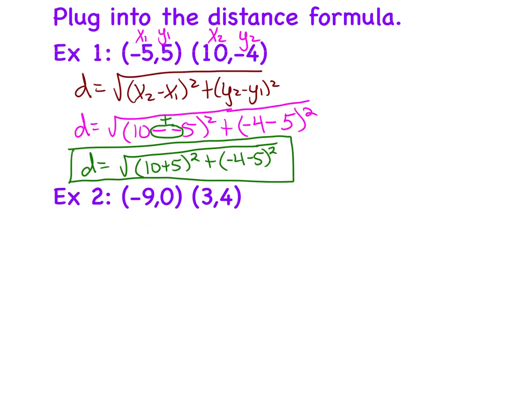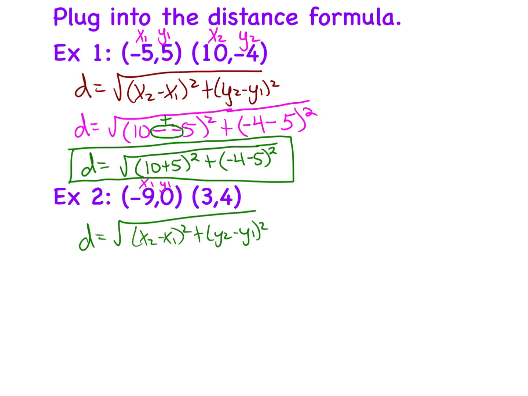So on example 2, once again, just going to write out the formula. Distance is equal to the square root of x2 minus x1 squared plus y2 minus y1 squared. Okay. So now we need to label these again. What am I going to label the -9, 0? x1 and y1.